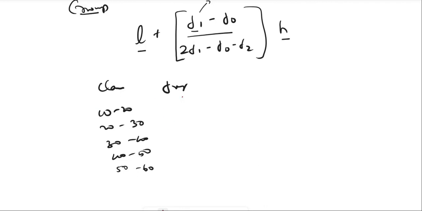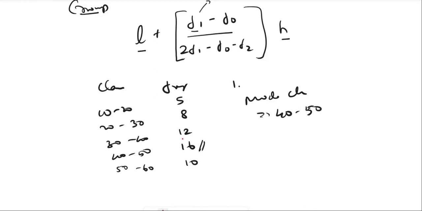The first step is to find the class interval which has the highest frequency. Among these, this one has the highest frequency, so the modal class here is 40 to 50.